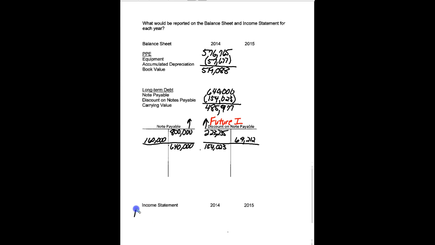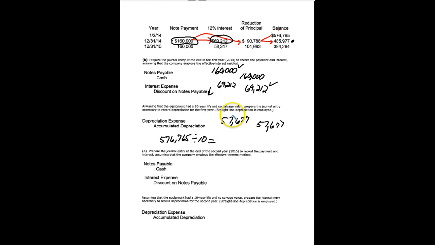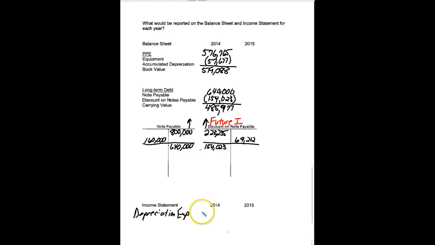So let's record. We would have depreciation expense down here. Go back to our journal entry. Depreciation expense was this $57,677. The other thing, if we have long-term debt on our balance sheet, what's the related account on the income statement?